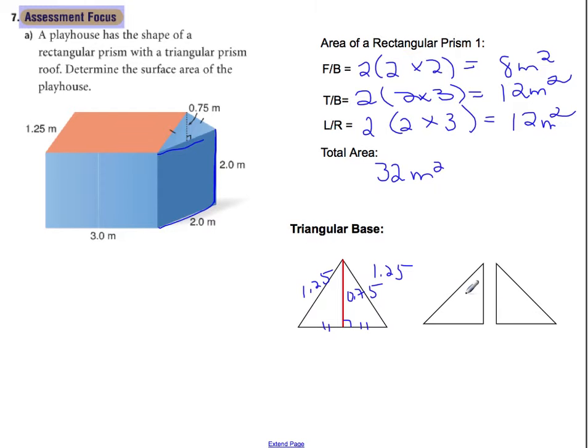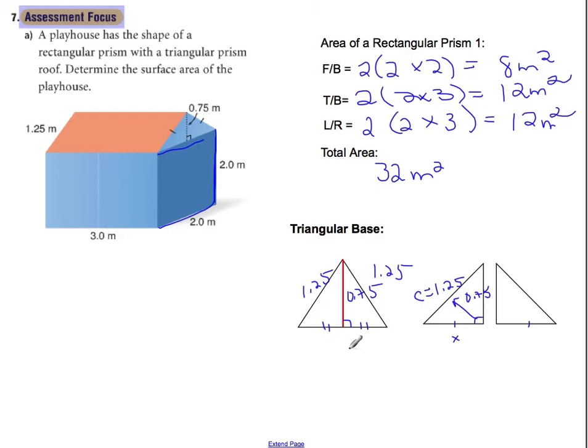So I'm going to have a 0.75 here and a 1.25. And we know that this length and that length are going to be the same. Let's call that an x. We have to use Pythagoras' theorem. We put in our right angle.